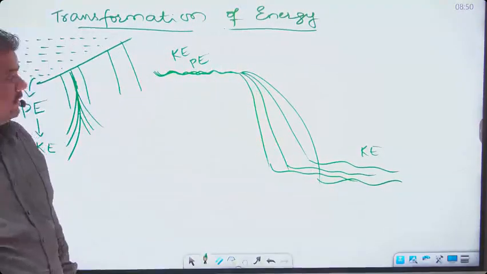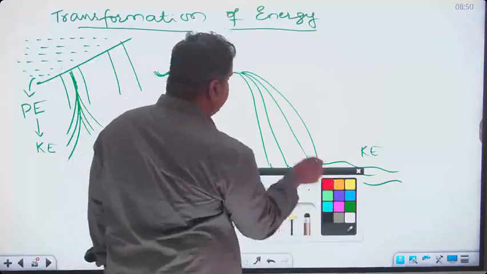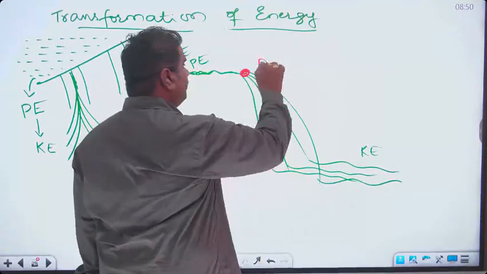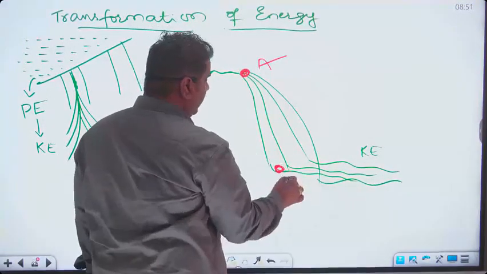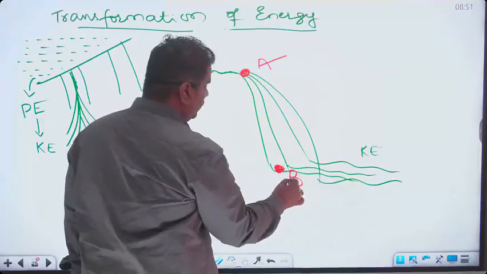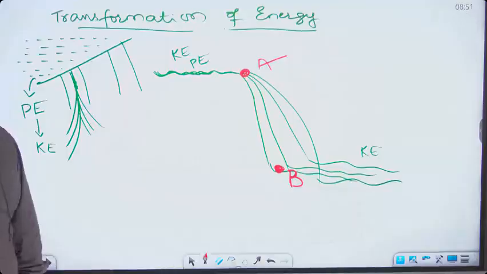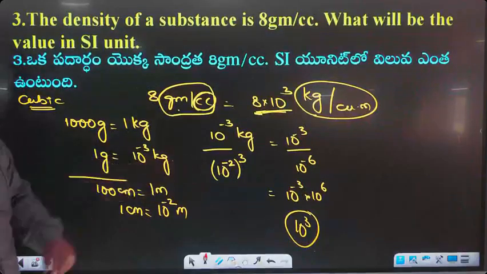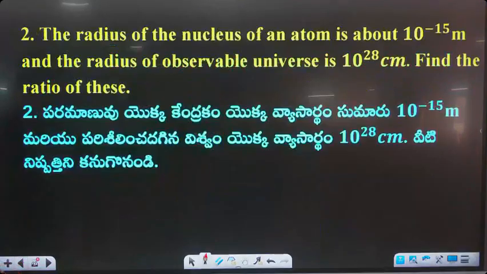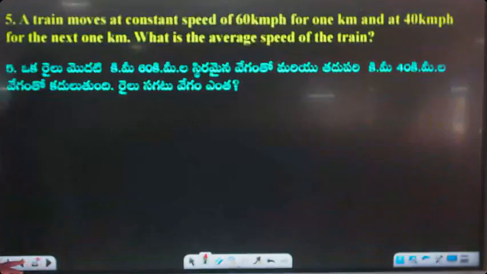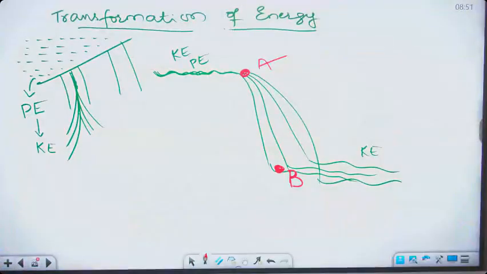Now the question is, the temperature at the top of a waterfall and at the bottom of a waterfall, which one is high? At point B here in this case, the temperature is high.